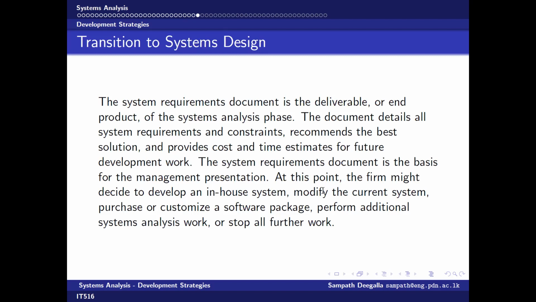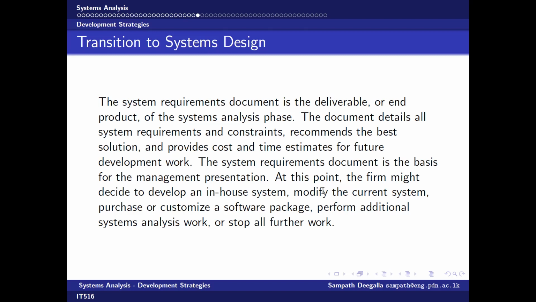Right, now transition to the system design. The system requirement document is the deliverable, or the end product, of the system analysis. It contains the system requirements, the constraints, and may also contain recommendations for the best solution, as well as the cost and time estimate, because this is the document that we are going to base on, right?